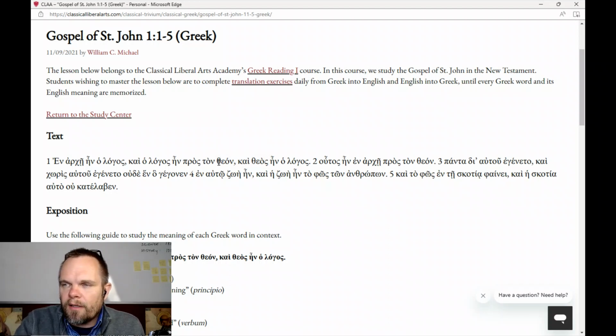Then we have the consonant theta. What it really represents is the sound of the TH in Thomas. If you hear that T sound with the breath, with the aspiration, Thomas.